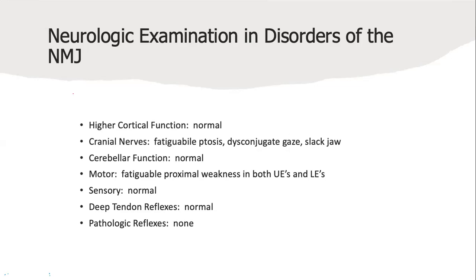There may be facial weakness, weakness in the jaw closure, cerebellar is of course intact. The motor exam is fatigable, so it's maybe initially normal, but if I ask the patient to exercise, then I examine again, I will find worse weakness. Sensation is normal, so this is very important. Deep tendon reflex is also normal, and there's no pathological reflexes like Babinski signs.